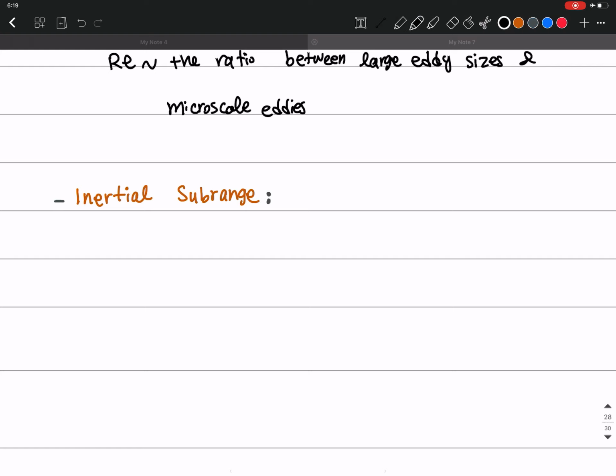If you remember from previous lectures, if we plot the spectral flux, and this is EK, spectral flux, we get something like this.